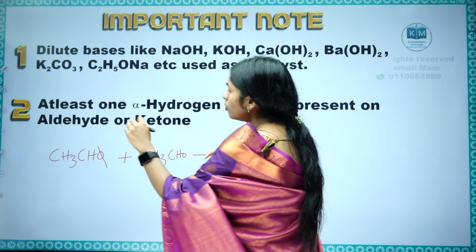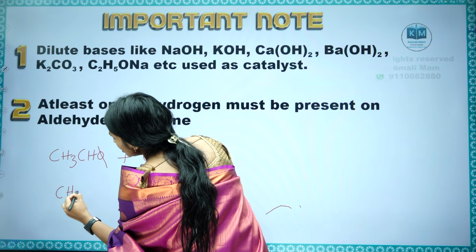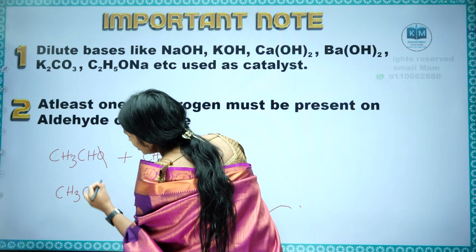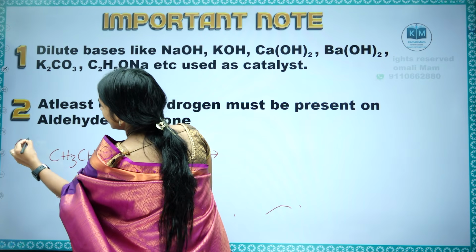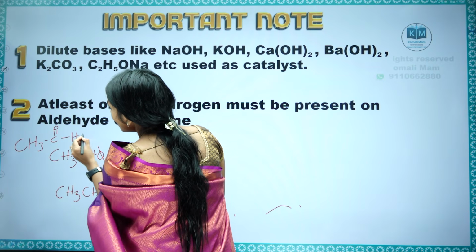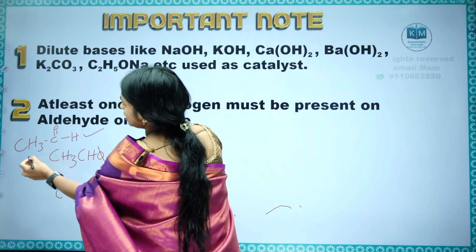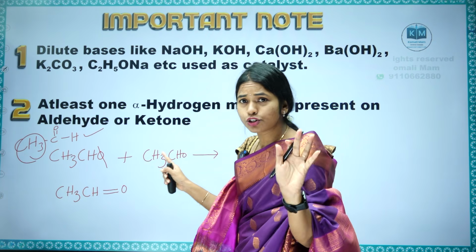How are you going to remove H2O? See, the same structure, how I am writing. CH3, CHO, right? Just I am showing you like this because the aldehyde structure is like this, CH3, C double bond O, H. Same structure, CH3, CH double bond O. I am writing like this just to show you.